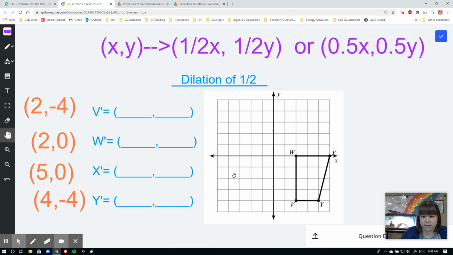All right, so let's see, 1, 2, 3, 4. Yep, x is right. Okay, so let's go ahead and do that.